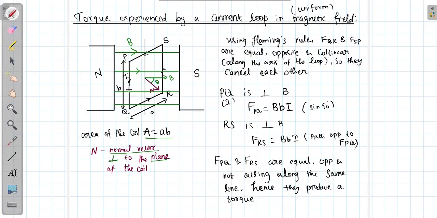Otherwise I draw like this: outward in this direction and inward in this direction. Then it will be easy. So it is outward in this direction and inward in the opposite direction. Therefore it will experience a turning effect in this direction. So this force is outward and this force is inward.